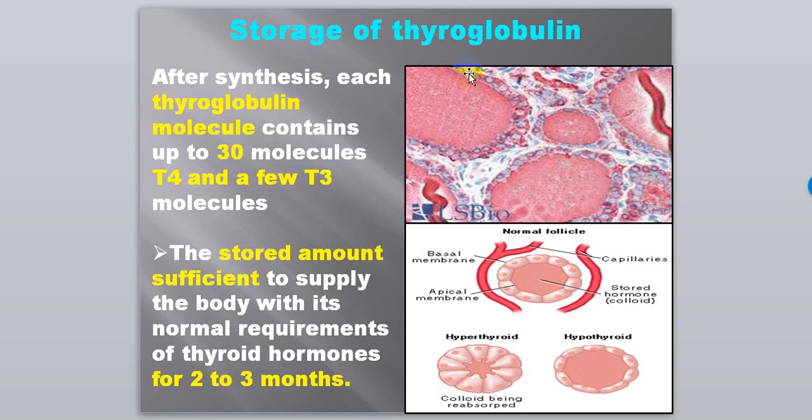Storage of thyroglobulin. After synthesis of these materials in the colloid, thyroglobulin has about 30 molecules of T4 and a few molecules of T3. But this is not a problem because, as we said before, when T4 reaches the target tissue, most of it converts to T3 to do its work.